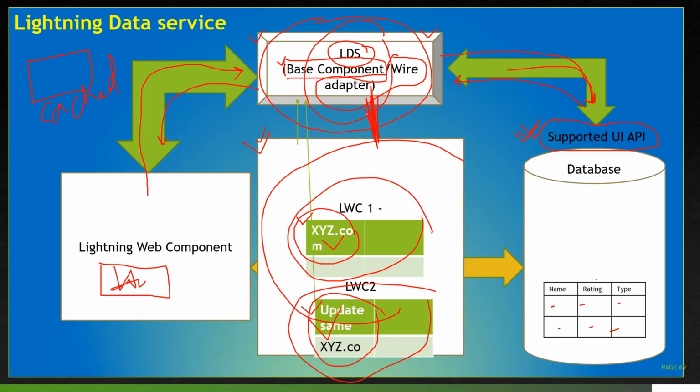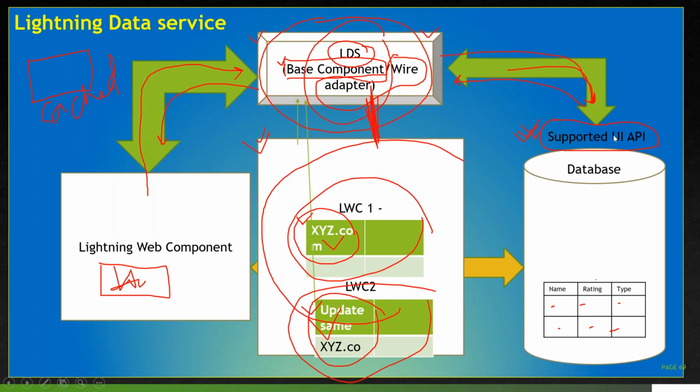Okay, this is the overview of LDS, what it is and how we are going to use it. LDS by default supports FLS, object level security, and sharing, whatever is provided, automatically for the user. And I don't need to write a single Apex statement, SQL, or DML to access my data.